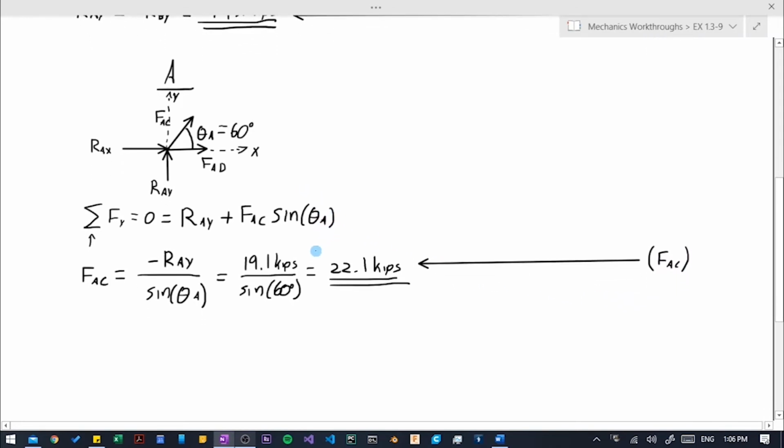All right, and now we need to find FAD, so we will do our summation of forces in the x direction now that there is only one unknown in that direction. And so we have our reaction force as well as our FAD and the component of FAC that is in the x direction. So you multiply by the cosine of the angle.